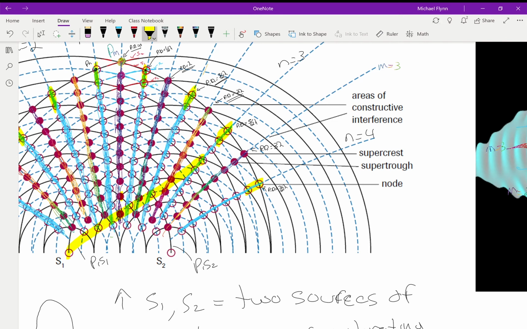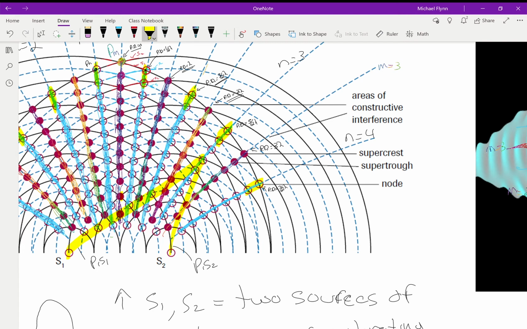But if you're another wave starting at source 2, you're going to travel this way. Now you're way ahead of me because you're so much closer to it. So you're going to have passed me, and in fact, it's going to be a wave that is behind you that will meet me there.